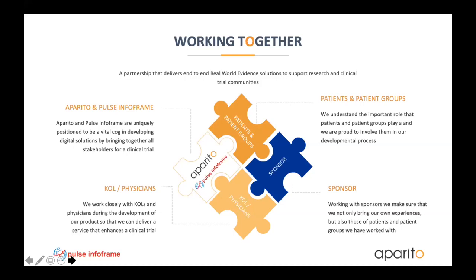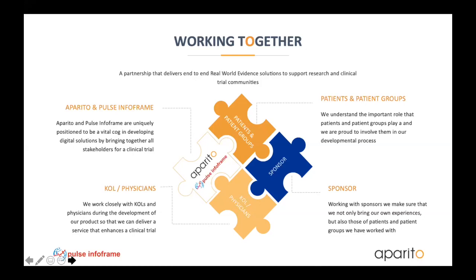And for us at Aparito, and speaking on behalf of Pulse, we see ourselves as fitting into a jigsaw alongside all the other key important players, starting with the patient groups, and then obviously bringing in the other partners as well. So Femida, from your point of view, working globally and with partnership as well, is that something you echo?